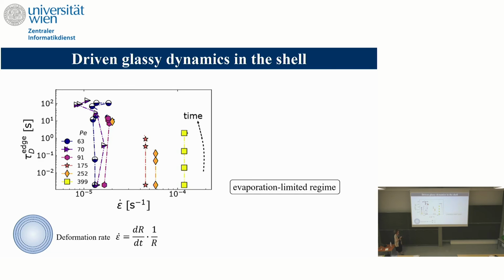It's faster when I have a large Peclet number, when I have something drier, with lower relative humidity, so it shrinks faster, and everything is controlled by the relative humidity.